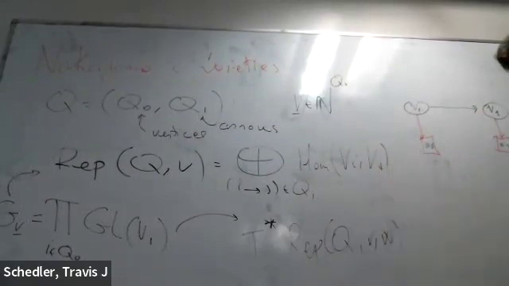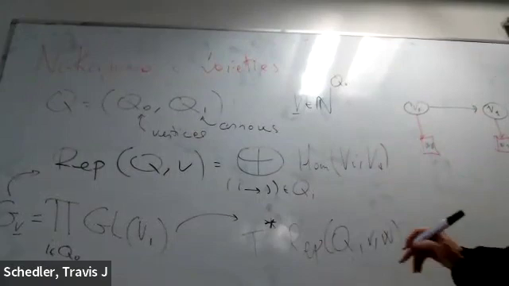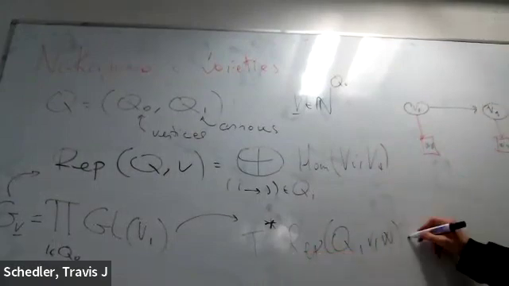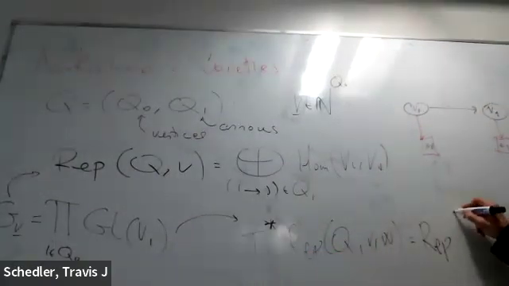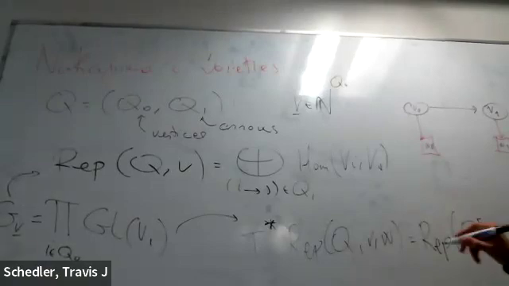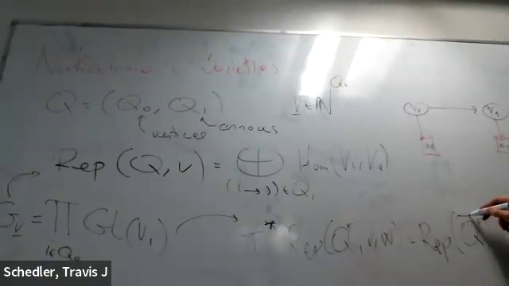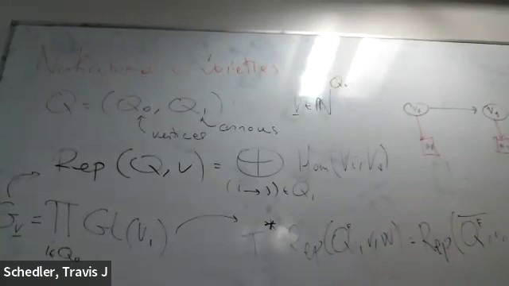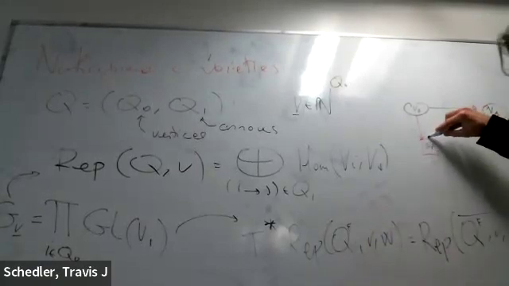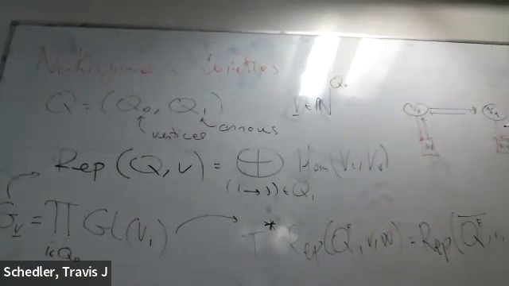So basically, T* Rep(Q_F, v, w) is nothing but the representation of, let me call the framing Q_F, the double of the framing with dimension vectors v, w, where the double is obtained by inverting every arrow in our construction.